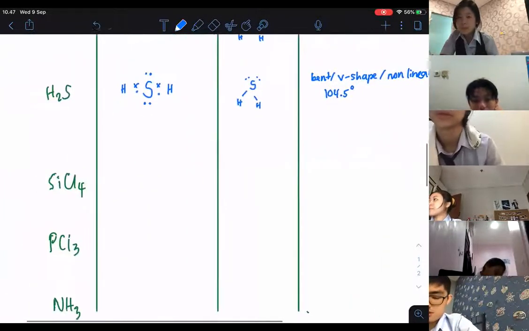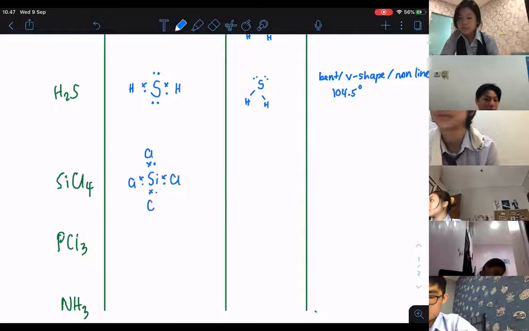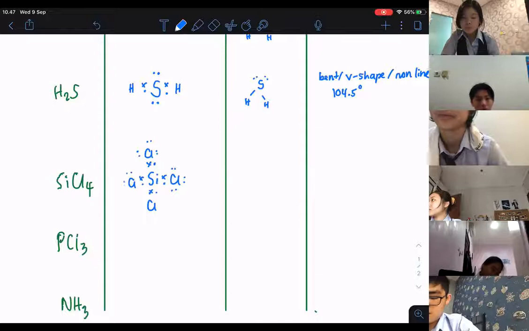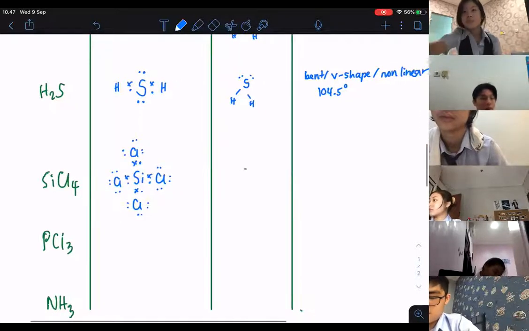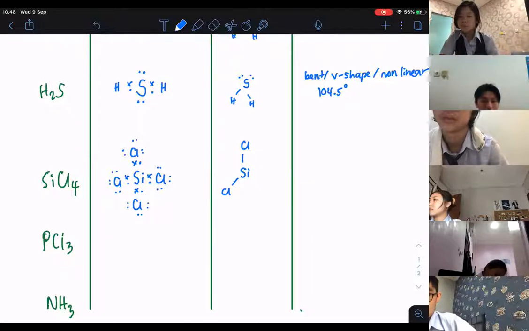So next, SiCl4, group 14. So just 4 bonding pairs. If I draw Si, Cl over here, Cl here, if you want to show a 3D diagram involving the tetrahedral shape, it's supposed to be something like coming over here, another one dotted line over there.